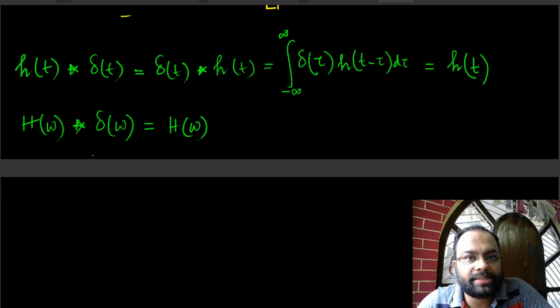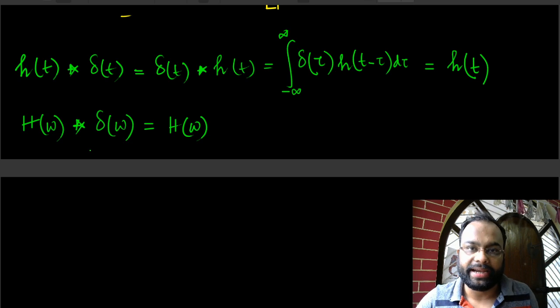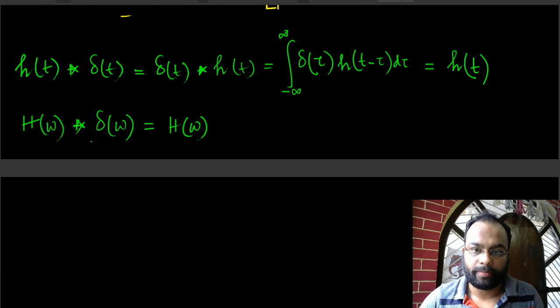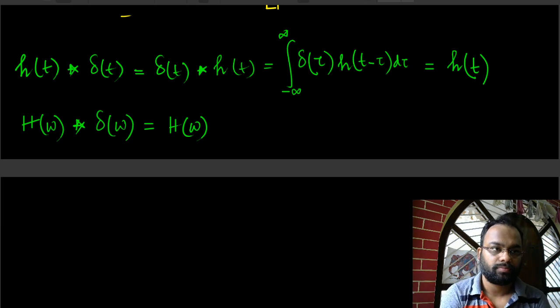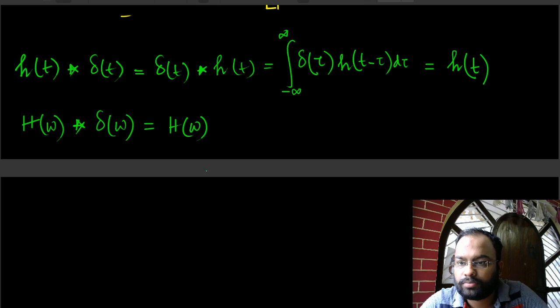So impulse is also sometimes called the identity of convolution, right? Identity of convolution.